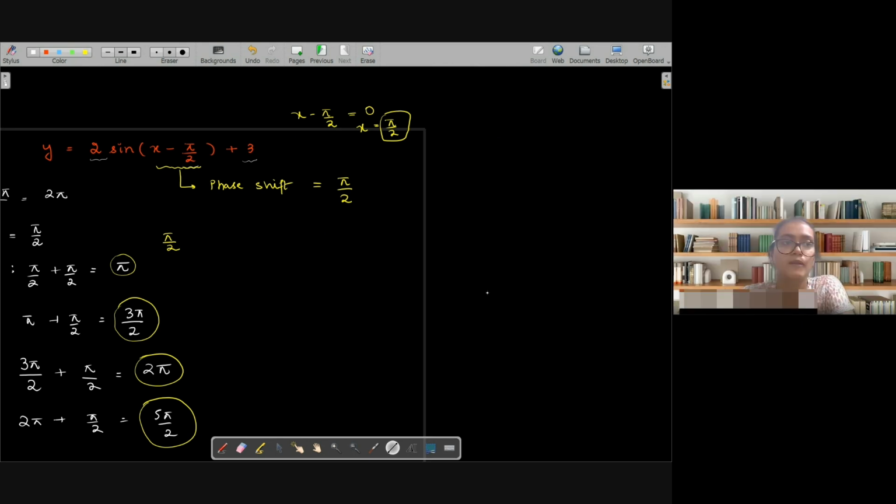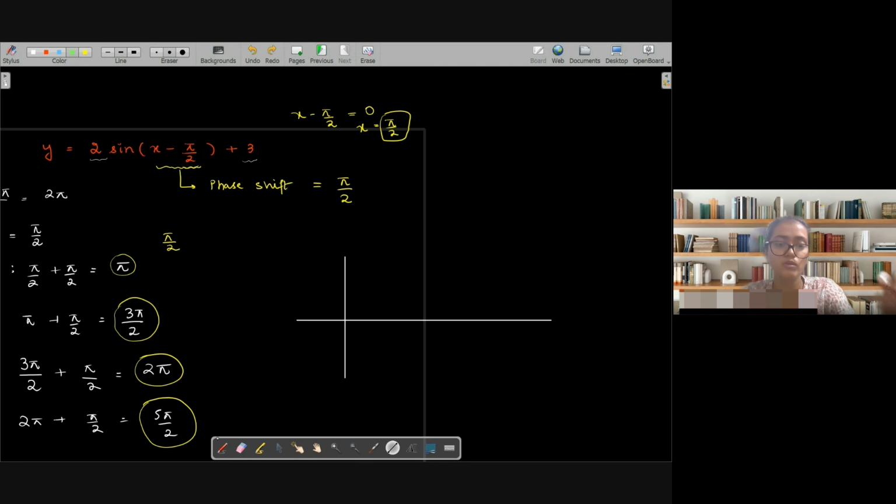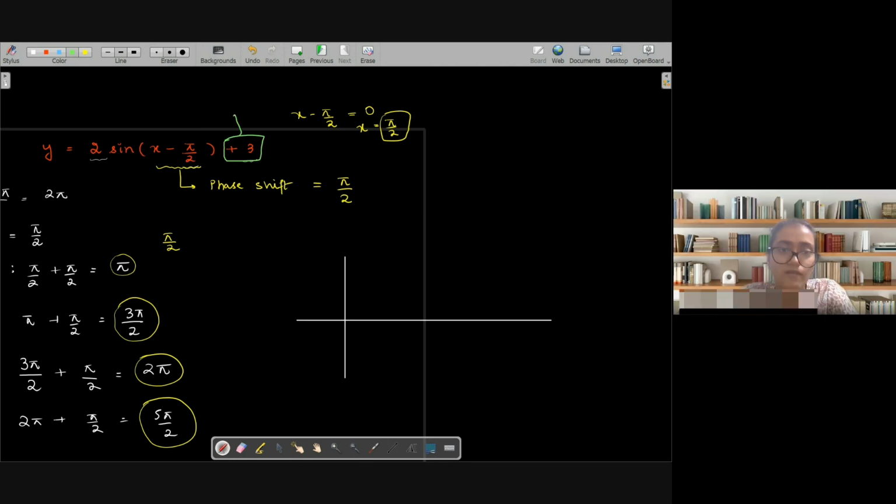Okay, so let's draw the x-axis and the y-axis. Now because of this 3, what will this 3 do? It will shift vertically up. So this is the vertical shift. Basically your x-axis is now shifting up by 3 units.